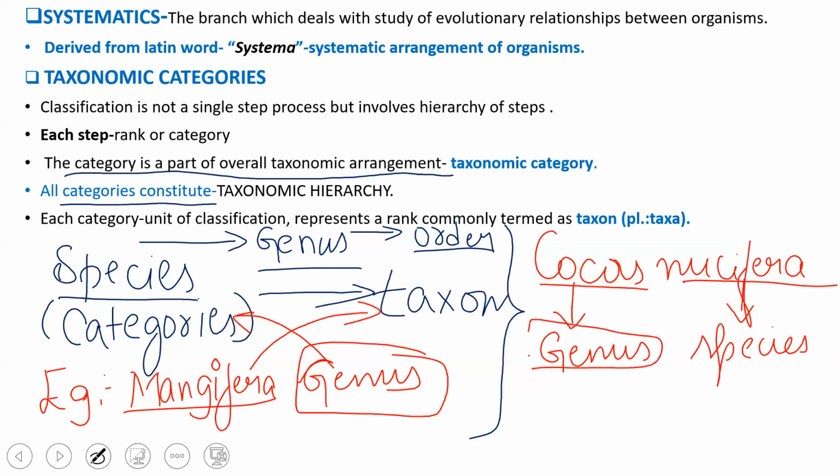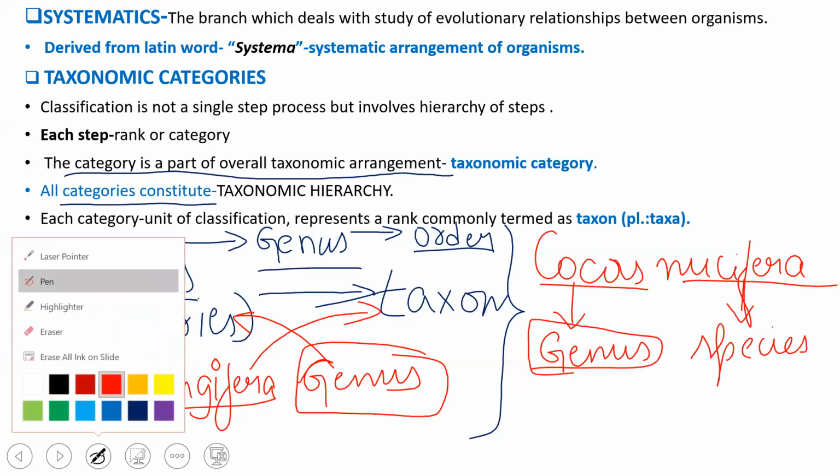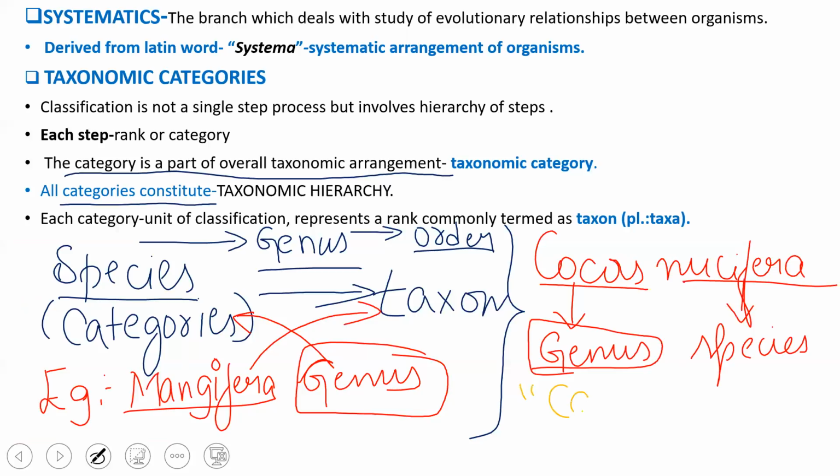Genus is the category which Cocos belongs to, and species is again a category. That means Cocos is a taxon, nucifera is a taxon. I hope this is clear to you.